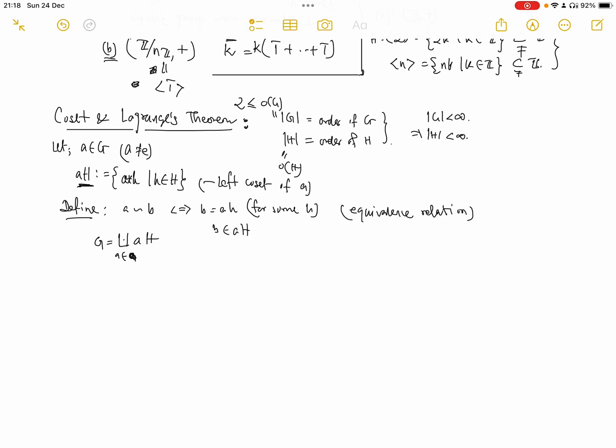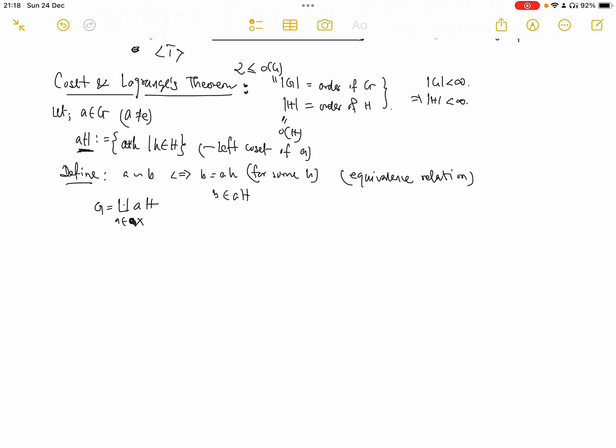Basically, we take each equivalence class and choose a representative. Let's call the collection of distinct representatives the set X, because we are taking distinct elements, otherwise it doesn't make sense.